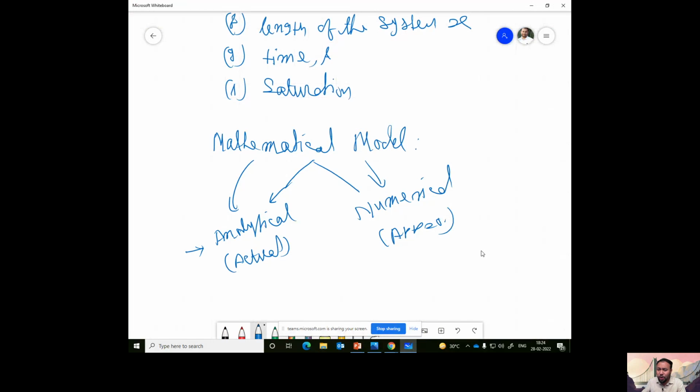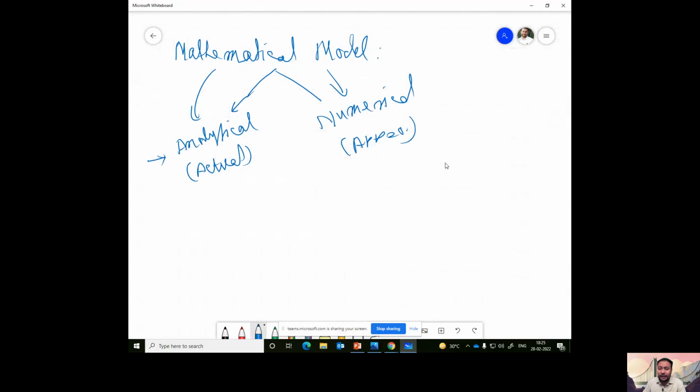Now, what are the different types of numerical methods we can adopt? Number one, we can adopt the finite difference method. We can adopt the finite elements method.